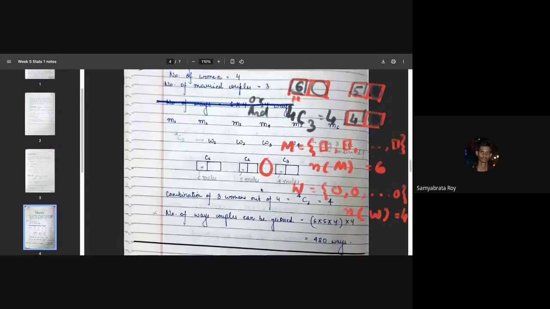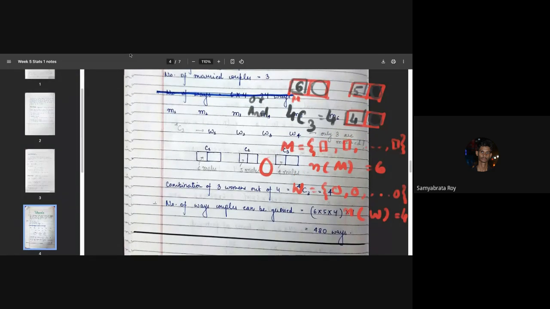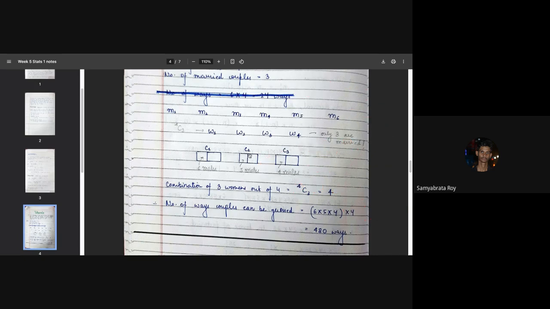So we will be multiplying all the choices of the men, and simultaneously we have 4 choices in which we can allocate women in each couple. So basically, what we are trying to get is 6 into 5 into 4 into 4.